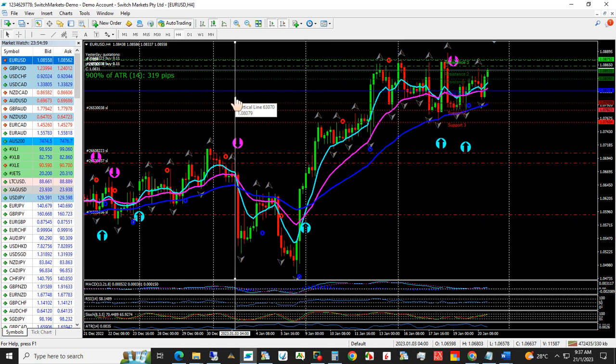I want to talk about the order of moving averages. If I look at this, the 8, 21, 50, all these 3 moving averages are upward sloping. And in this framework, we consider the market to be bullish. That means there's a high probability that price will continue to rise.